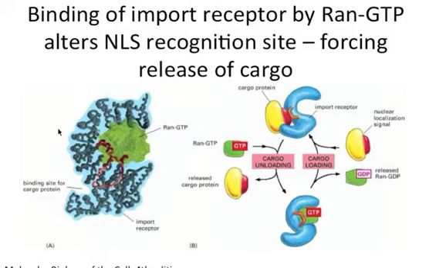And when the cargo is there, those amino acids in that loop are going to interact with the NLS. But when RAN binds, there's a conformational change and it flips the loop around. And so now it's not able to bind to the cargo anymore, and that's what causes it to release it. Okay? Any other questions about this? Okay, very good.